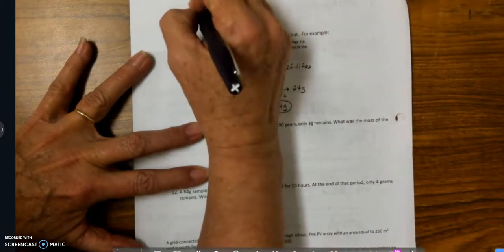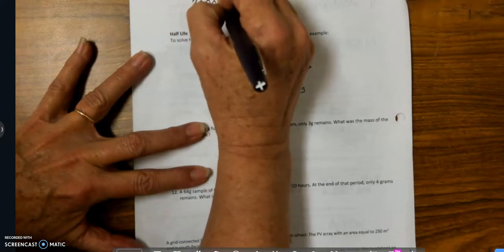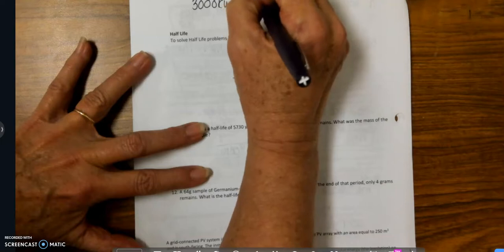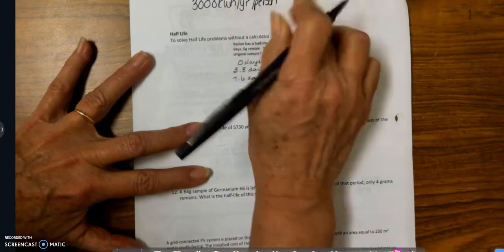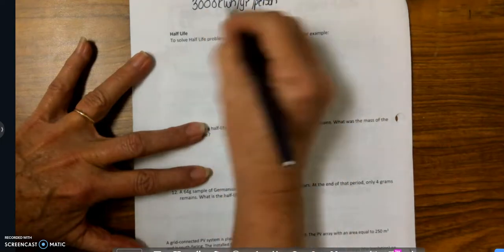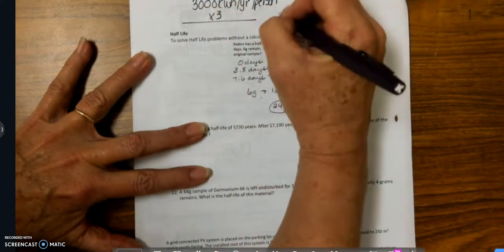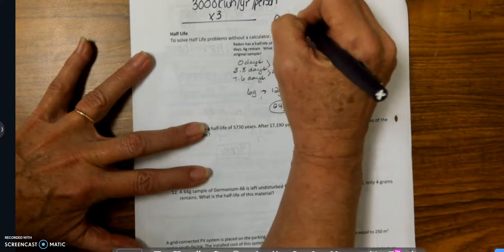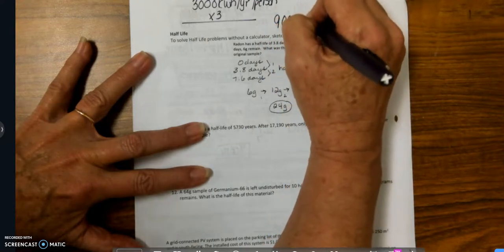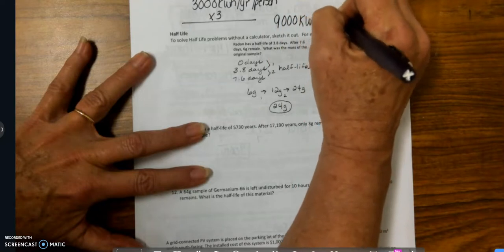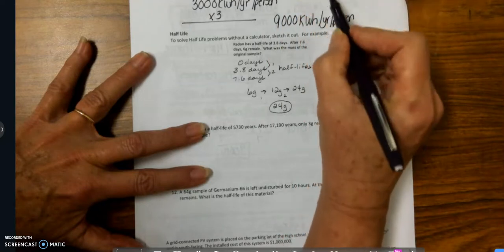And so this 3,000 kilowatt hour per year per person, that was the residential part. So if this is a third, if I multiply this by 3, then that gives me the total, because I only had a third of it per year per person.